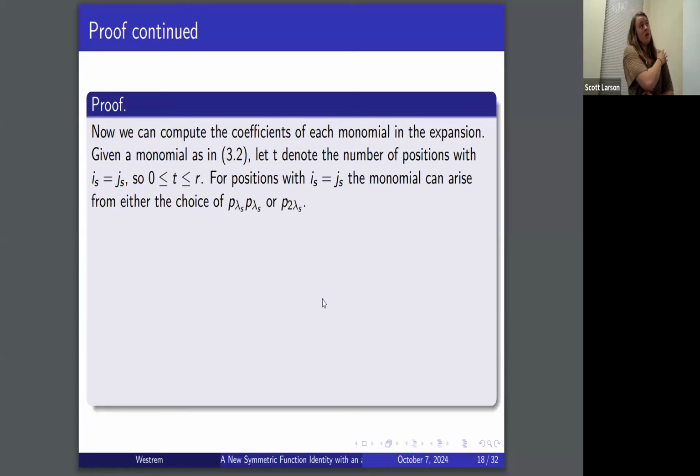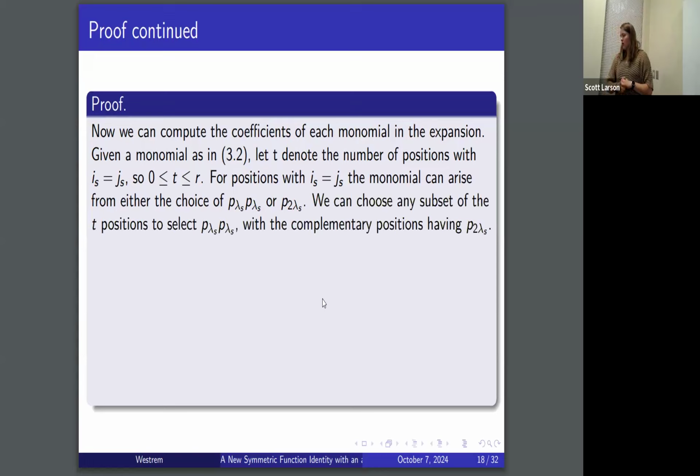But for that to happen, it could have been the case that our original choice was having 2 copies, or maybe our original choice was having the doubling effect. So essentially we're looking at the base case and how we can combine these together. We could do this for any of these positions, for any of the r parts, and then of course the others would have the opposite, since they would already be combined there.